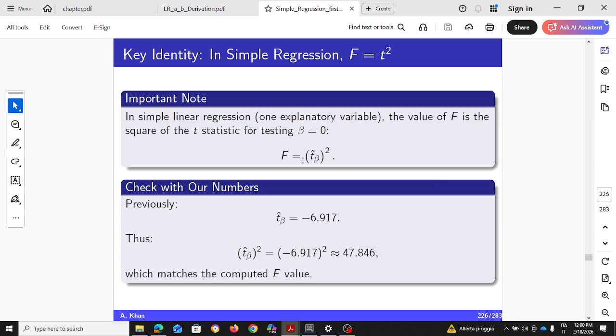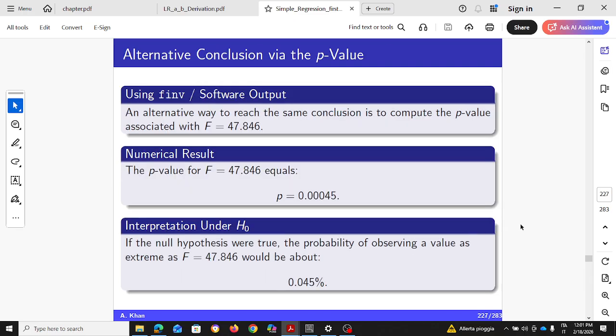The Fisher value can also be found in this way, which is equal to the square of the t statistic. So just square that value. That value was 6.91, which, if you square it, is approximately equal to 47. And if you find the p-value for this one, we get again 0.045, which is smaller than the significance level.